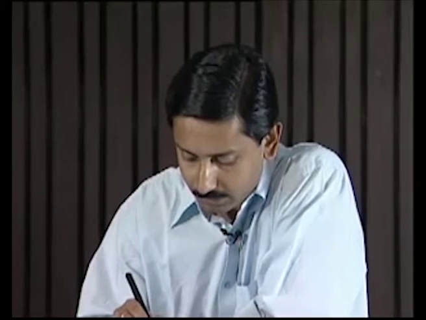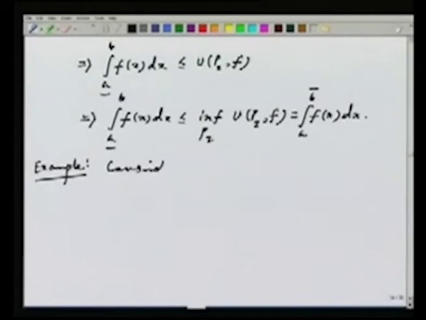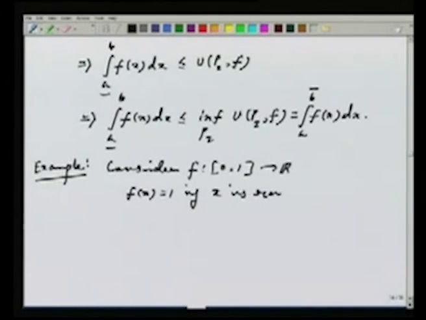Consider the function f from [0, 1] to R given by f(x) equals 1 if x is rational, and equals 0 if x is irrational.